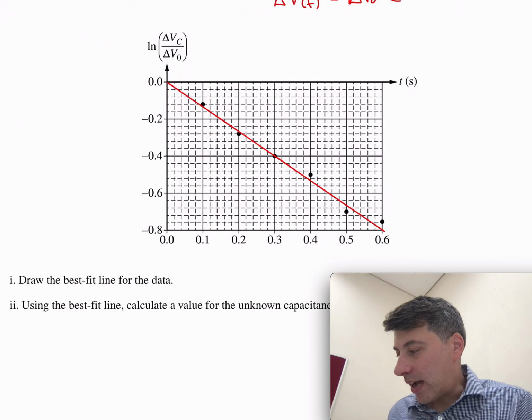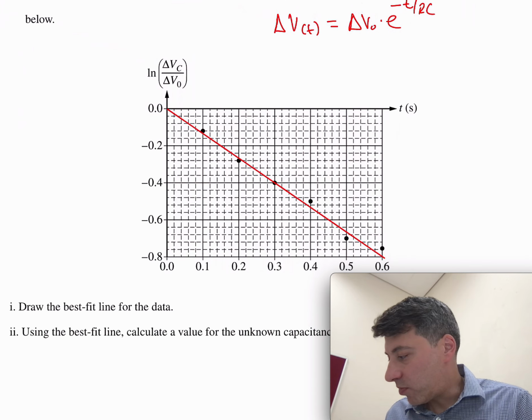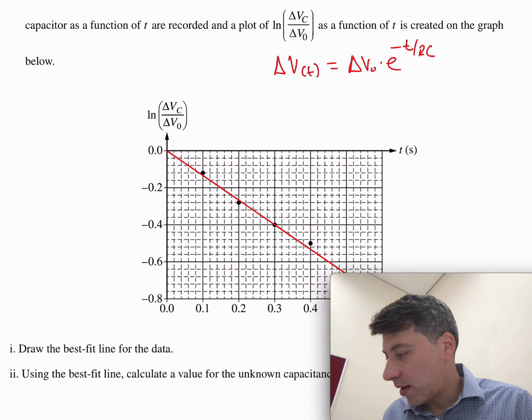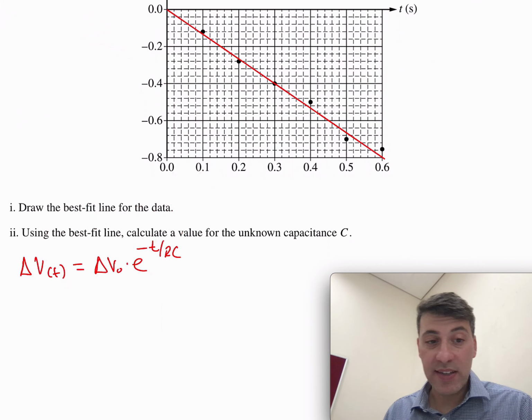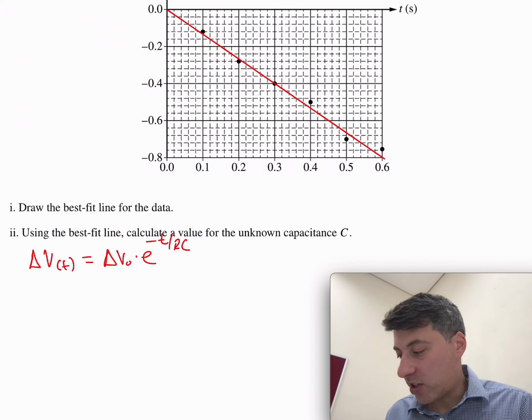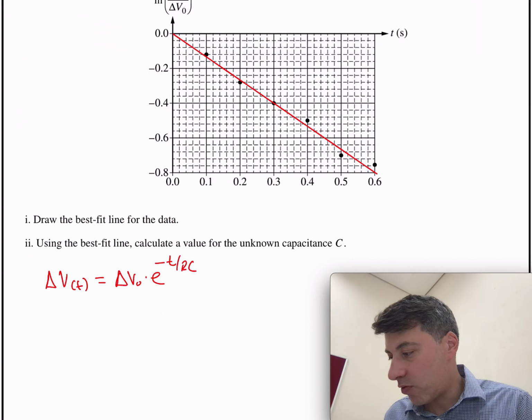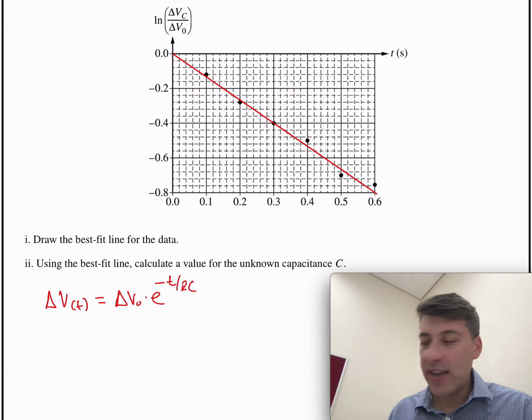Now, let's bring the equation that we proved before. We said that delta V as a function of time is equal to delta V0 times e to the power of minus t over RC. And again, we need to create the ln.